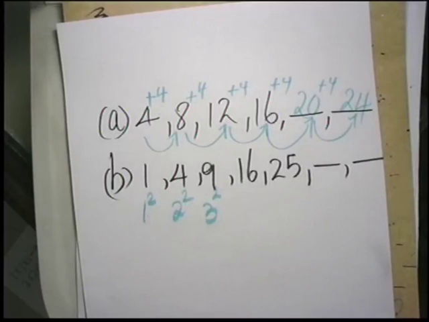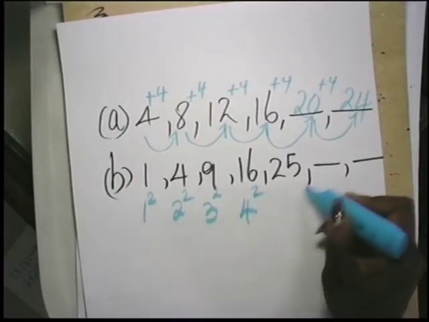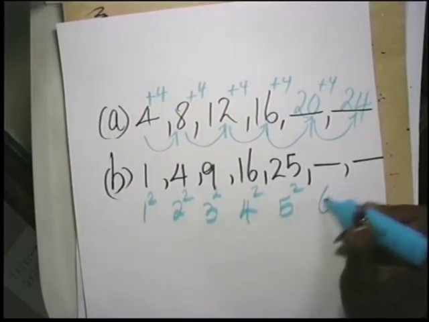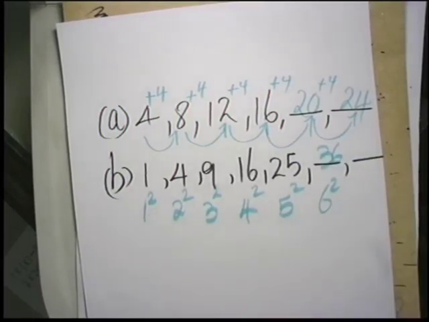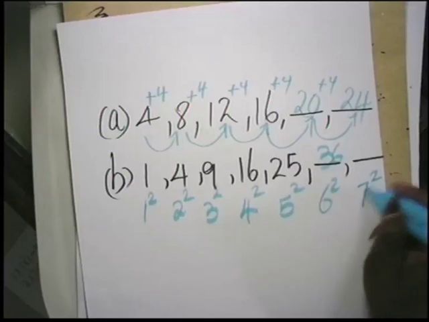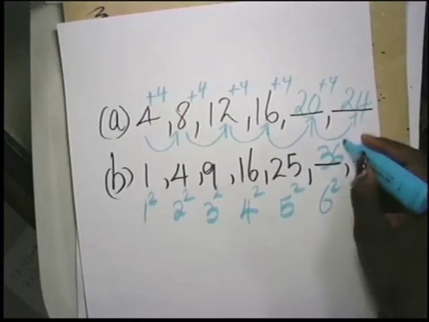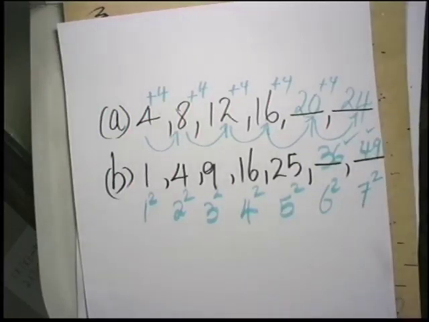Yes, it's working. 4 squared is 16. 5 squared is 25. 6 squared will give me 36. I immediately write down the answer, the next term. 7 squared will give me 49. These are my two next terms. Let me ask you to try C by yourself.